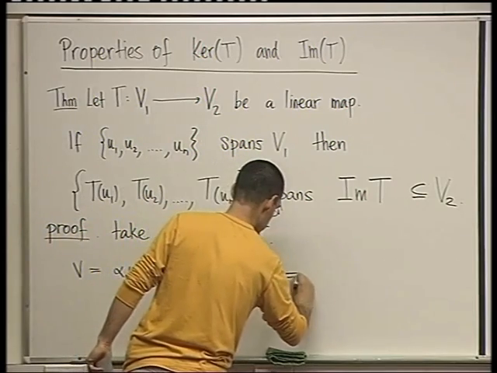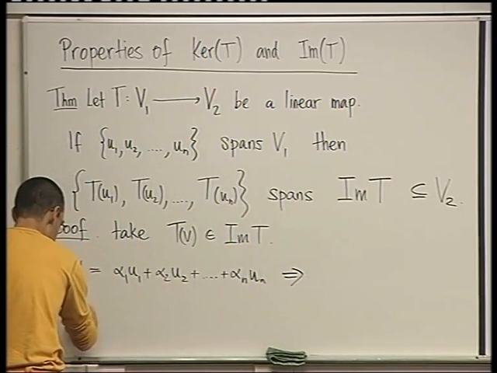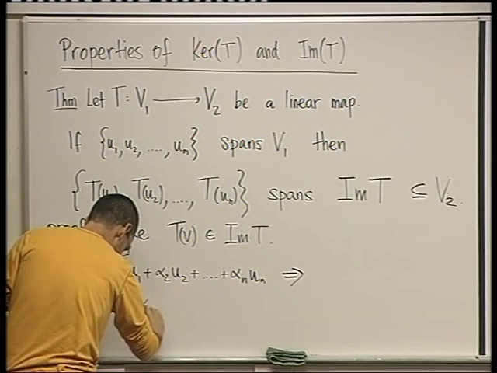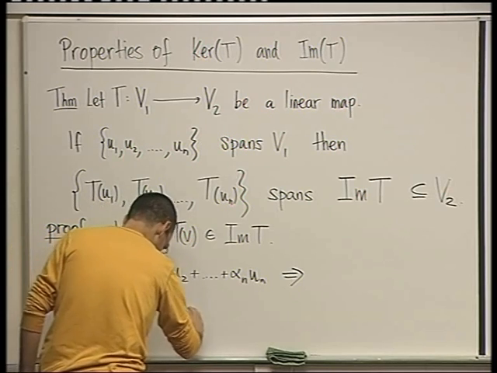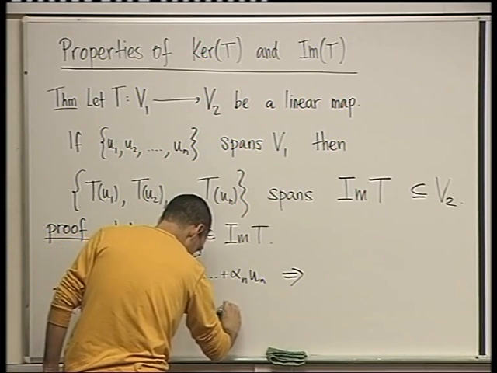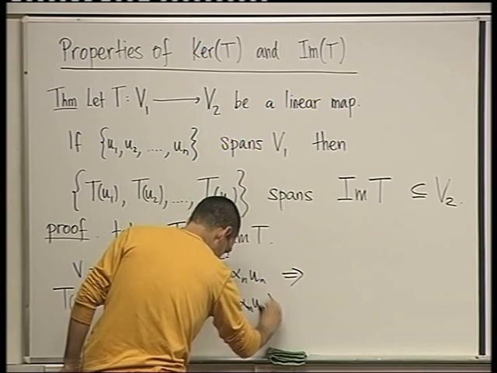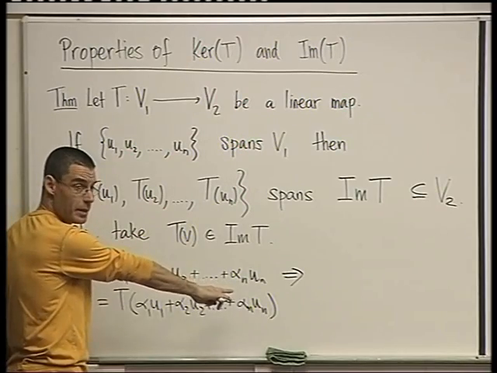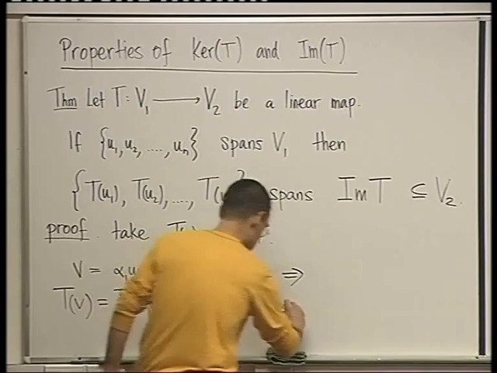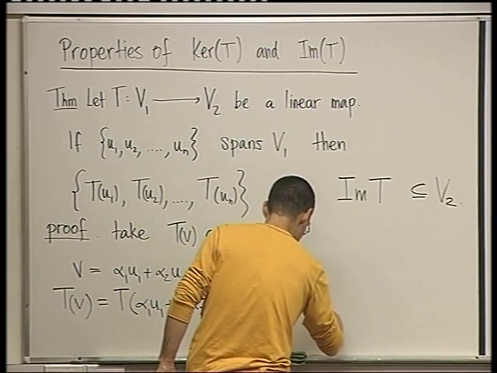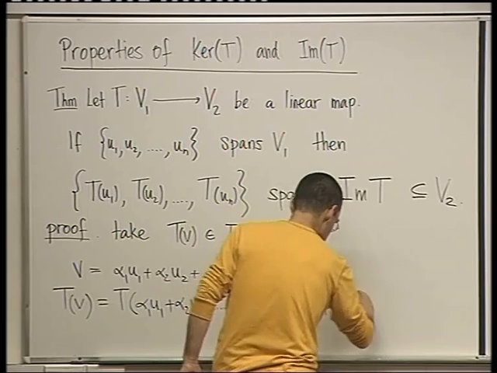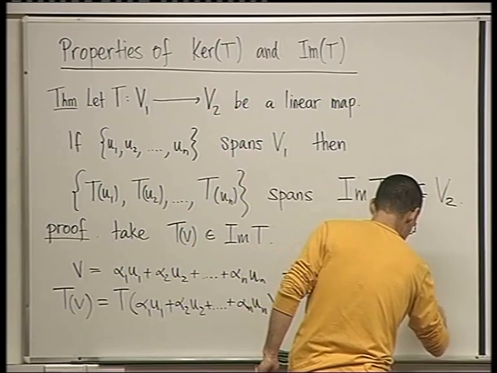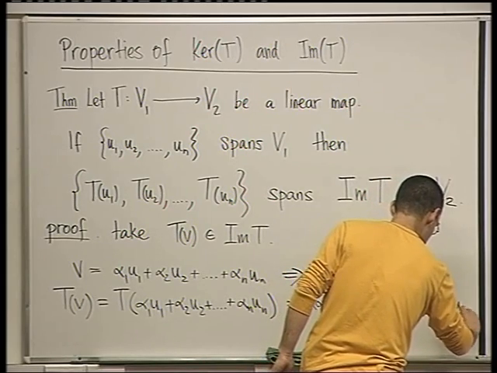Therefore, what is T of V? T of V is T of this thing, T of alpha 1 u1 plus alpha 2 u2 plus alpha n un, right? By linearity, T of a sum is the sum of the T's. So this equals T of alpha 1 u1 plus T of alpha 2 u2 plus dot dot dot T of alpha n un.